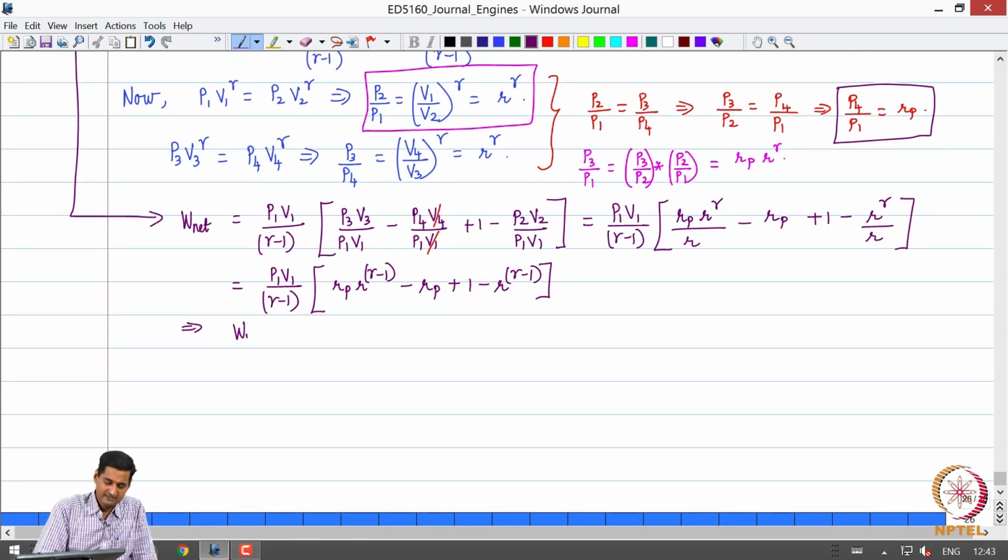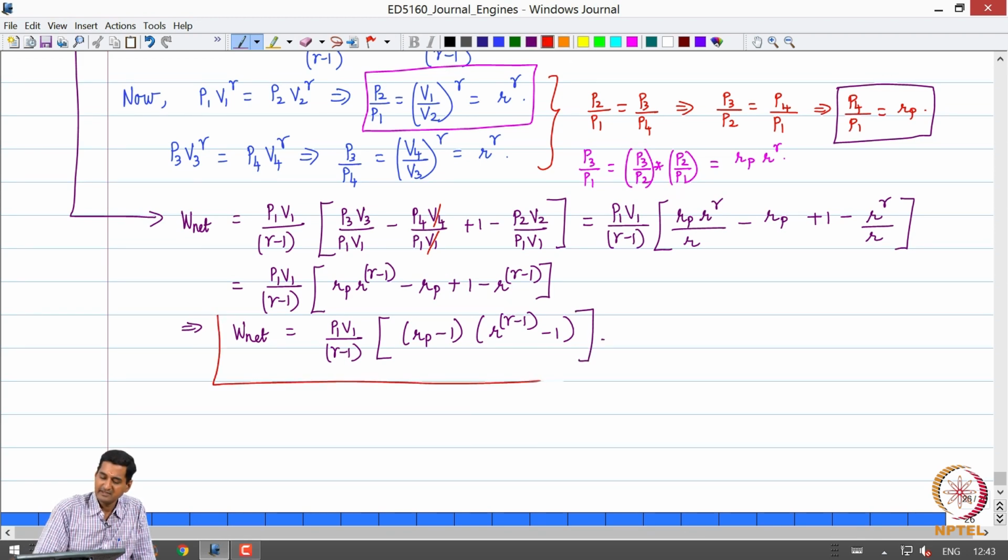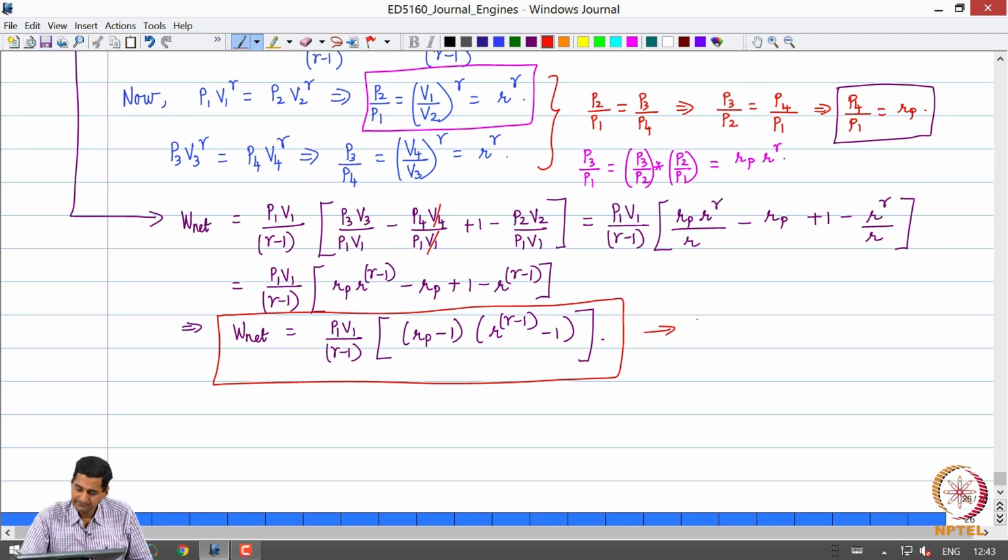So, this implies that the net work output in one cycle is going to be equal to P1 V1 to the power gamma minus 1, divided by gamma minus 1 multiplied by Rp minus 1 times R power gamma minus 1 minus 1. Okay, I can simplify that into the product of these two factors, right. So, this is the net work in one cycle.